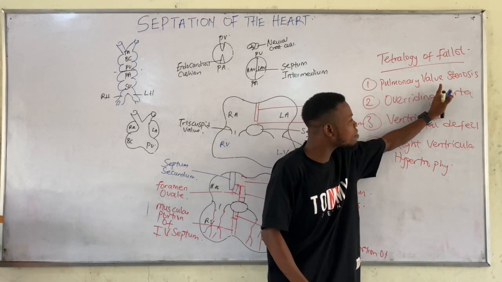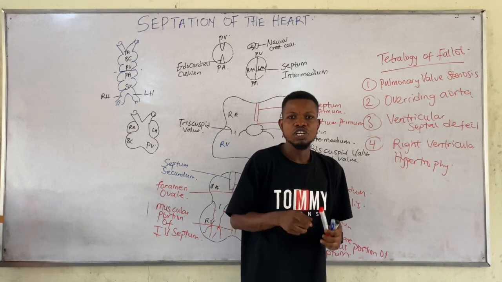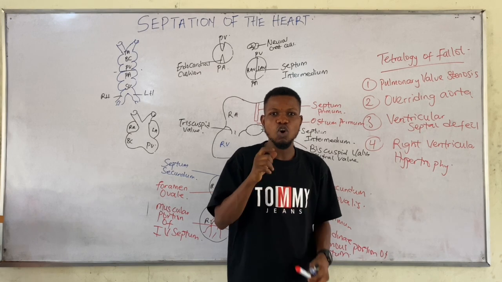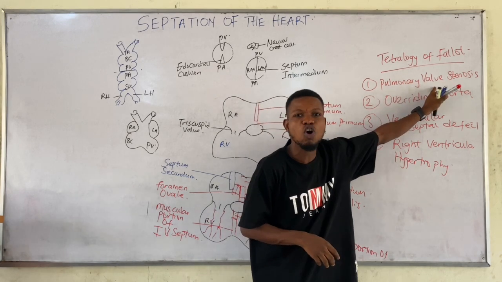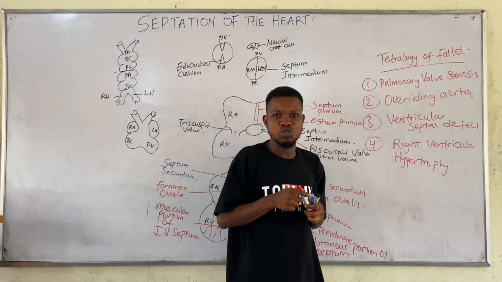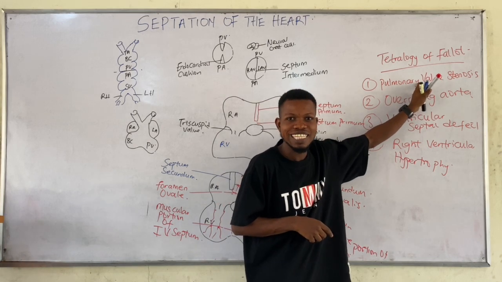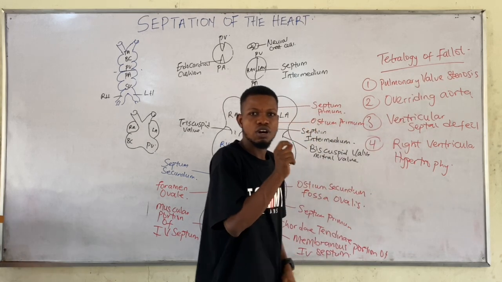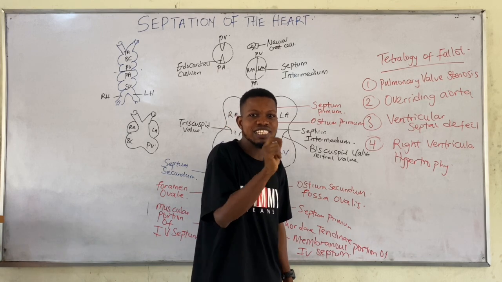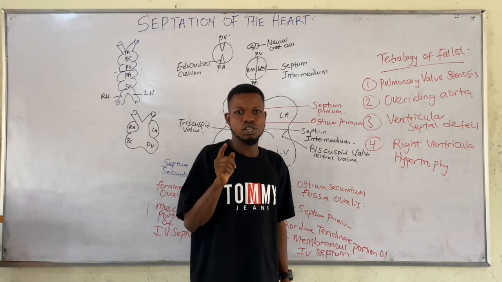When we say pulmonary valve stenosis, it is a condition whereby the pulmonary valve becomes narrowed. It becomes stenosed. It is the pulmonary valve that connects the blood present in the what? Right ventricle into the lungs.